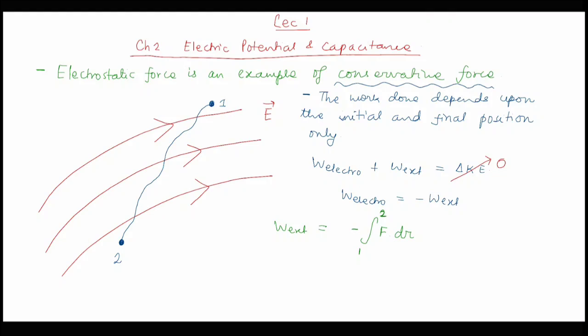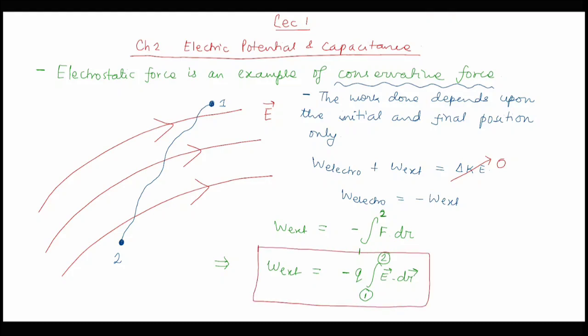Hence we can modify this equation in this way: the work done by the external force is equal to minus q times the integration of E dot dr, from position 1 to position 2. This statement is going to help us in formulating further equations about the electric potential.